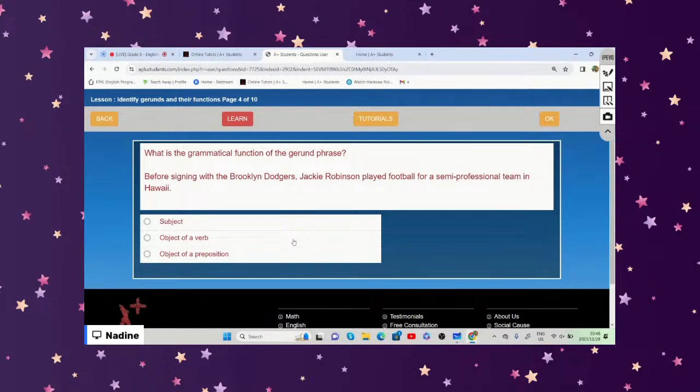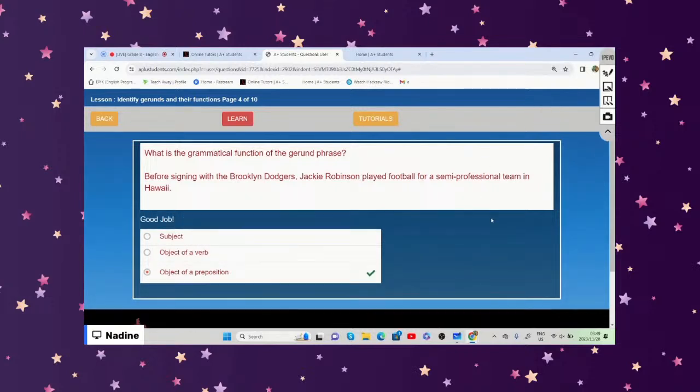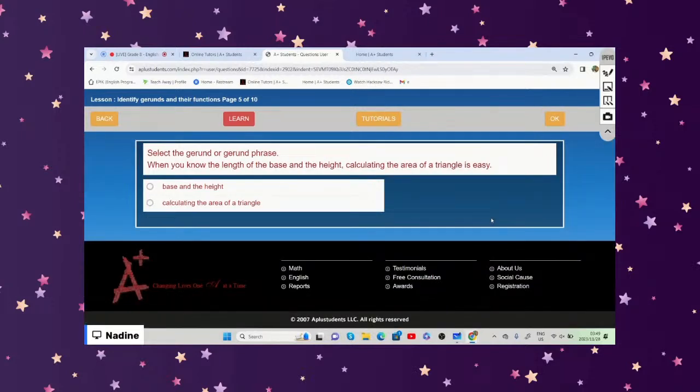So before signing with the Brooklyn Dodgers, Jackie Robertson played football for a semi-professional team in Hawaii. And if our gerund is signing, then that is the object of the preposition, which is before. And number three is correct. So well done.